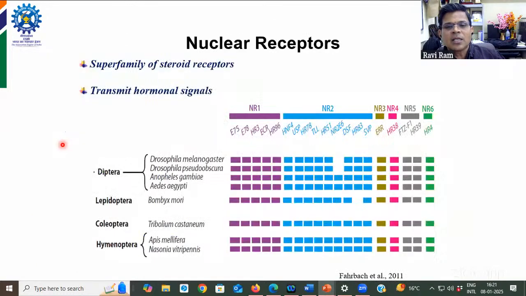And the next thing we looked at is, what is the homology of these? These are the different nuclear receptors, which belong to the superfamily of steroid receptors, whether it is the NR1 family, NR2 family, or NR3, 5, or 6. So these 18 fall into the same 6 families of vertebrate nuclear receptors.